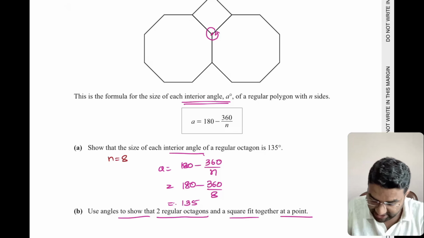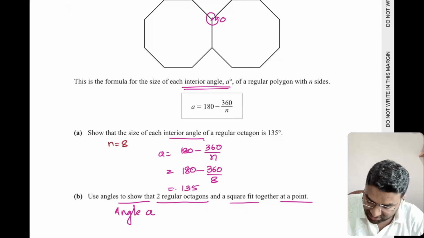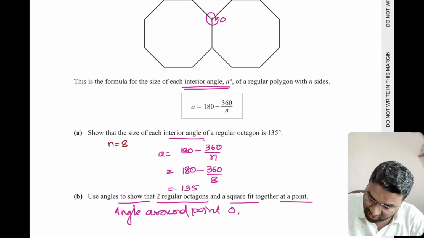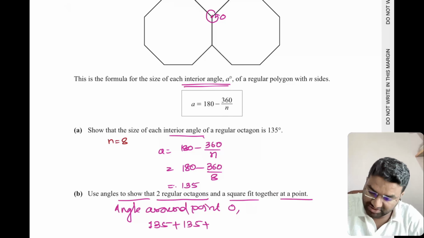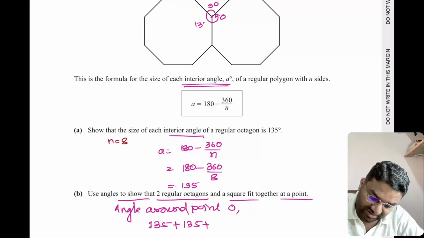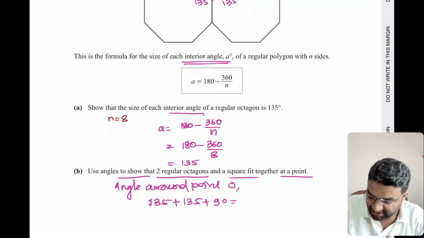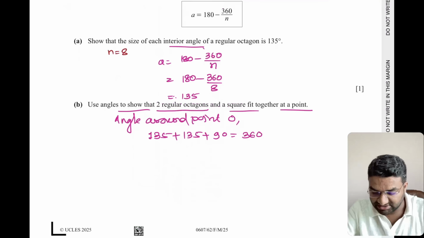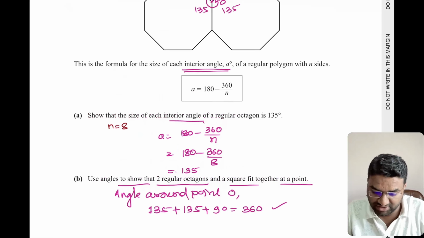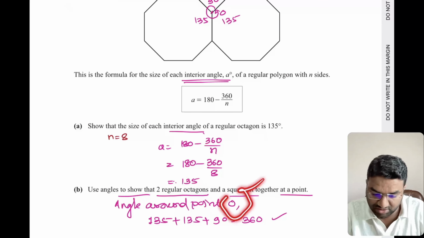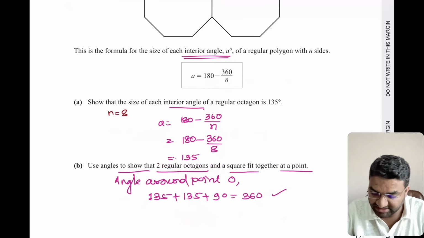Around point O, we have 135 plus 135 plus 90, and it must be 360. This is what you have to show in the investigation paper. You can show the point O and mark 135, 135 and 90. That's enough to fetch these 2 marks.